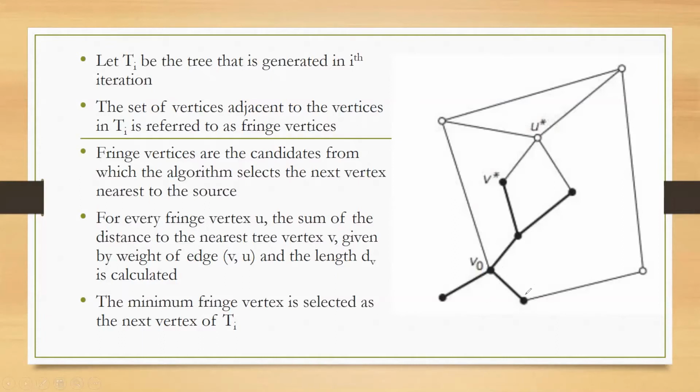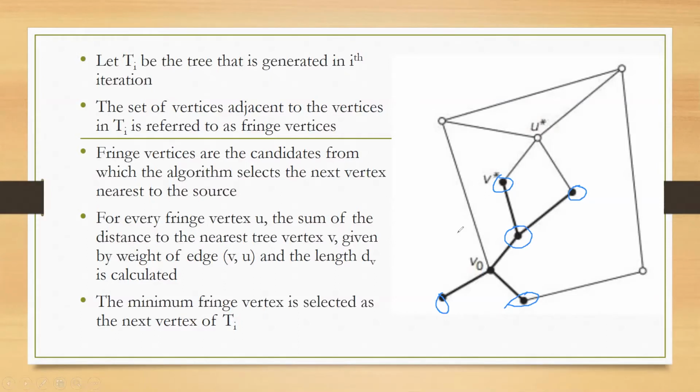Even this vertex has been included. This is also included. And even this vertex is also included. And even this one is included to be part of the subtree. Now the tree has grown until this. This is a simple example, an illustration to make you understand how it works.